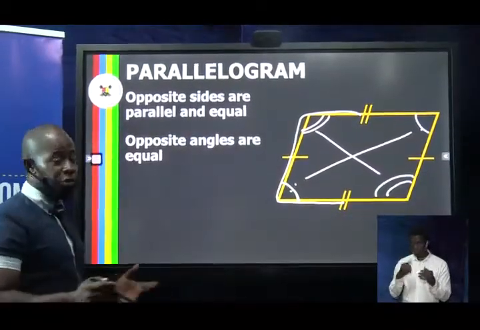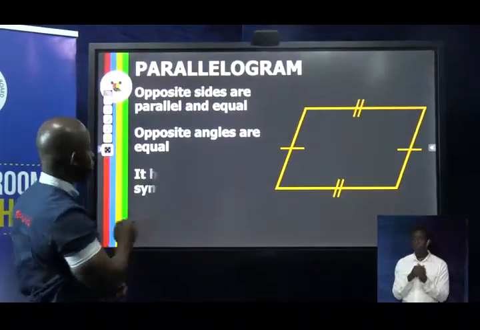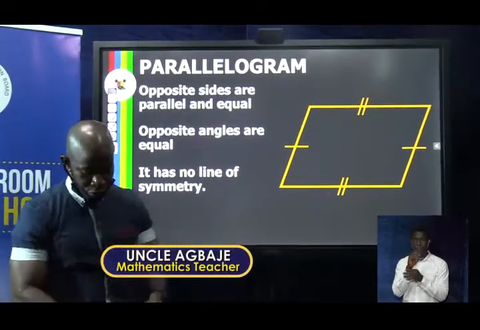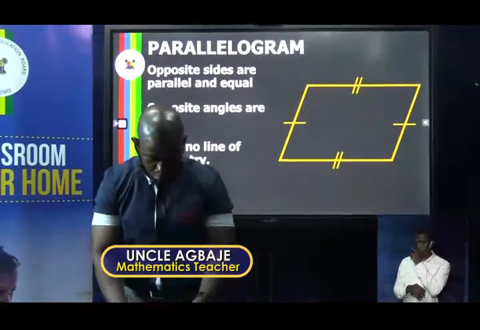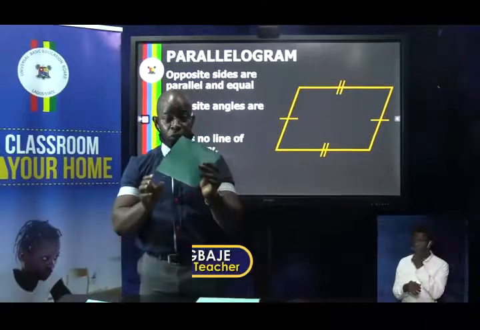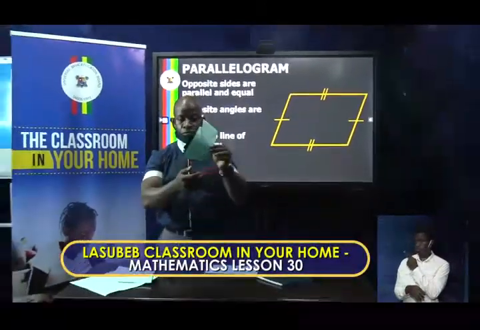What other property does a parallelogram have? It has no line of symmetry. Now let's check that out. A parallelogram has no line of symmetry. Now this is a parallelogram. I'm going to try and fold it and see if we have a line of symmetry. See? Overlapping.